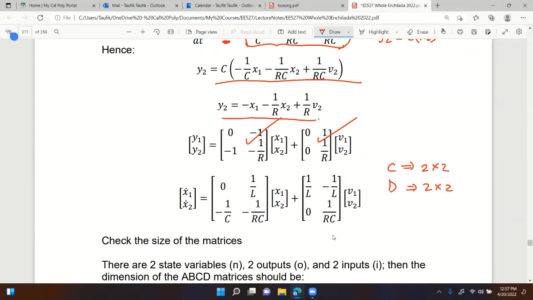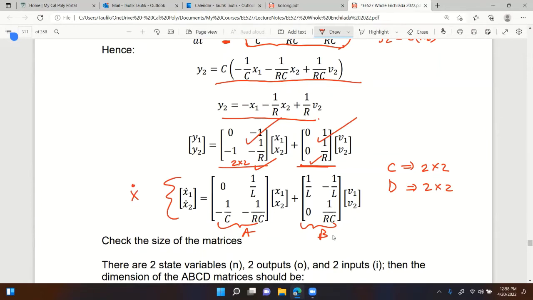This is matrix A. This is matrix B, right? What I need to check is these two matrices. So matrix C is 2 by 2. Is that correct? It is correct. And then matrix D is also 2 by 2. That's correct, right? This is the same x dot equation that I had earlier.